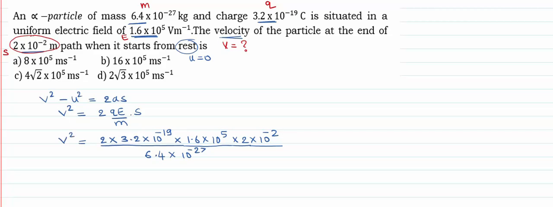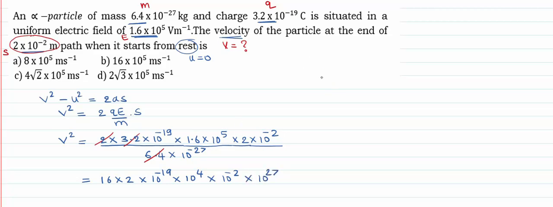Now simplify. 3.2 into 2 is 6.4, so this gets cancelled with 6.4. Now try to keep all the values in perfect squares. I will write 1.6 as 16 by 10, and multiplying 10 raised to 5 by 10 makes it 10 raised to 4, with 10 raised to minus 2 as it is. Taking the denominator to the numerator, it will be 10 raised to 27.